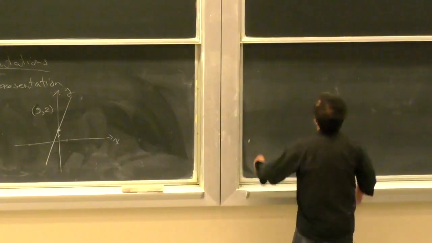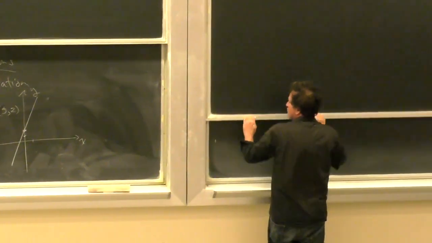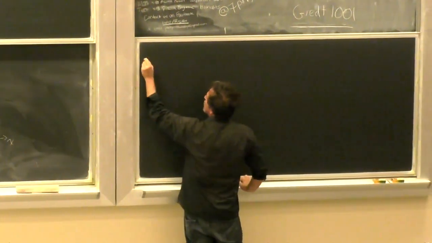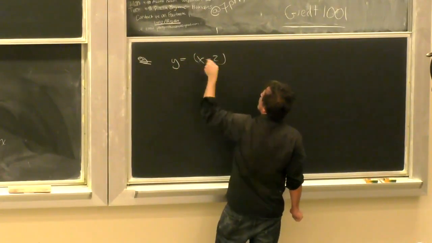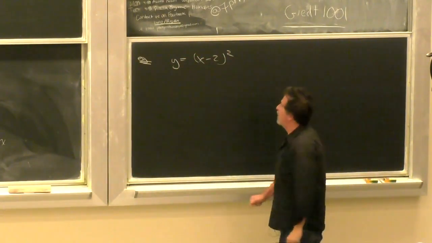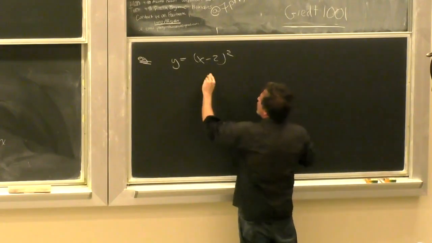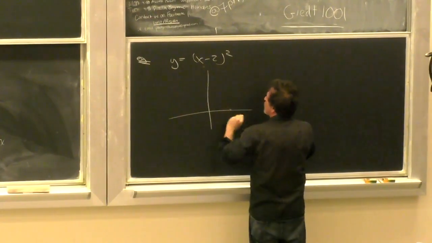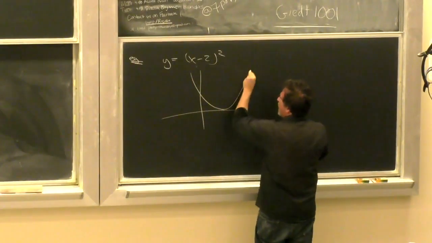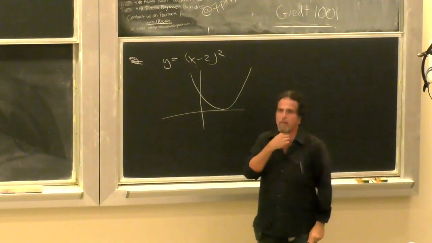We have explicit representations of parabolas, e.g., y equals x minus 2 quantity squared. And we know that this is a parabola whose vertex is at 2, 0, and it opens upward. We've learned some properties.